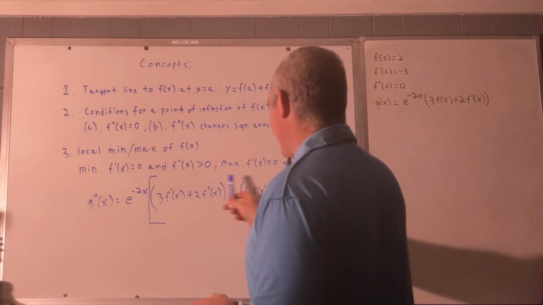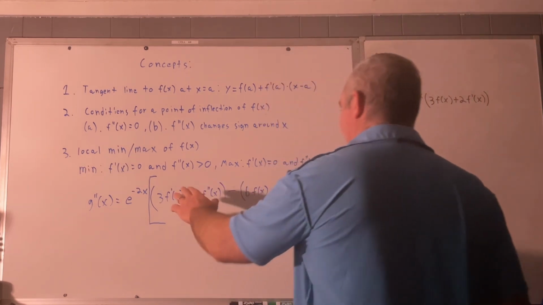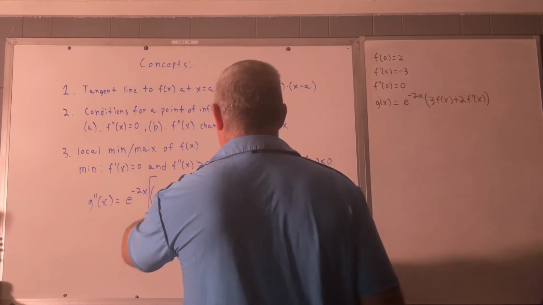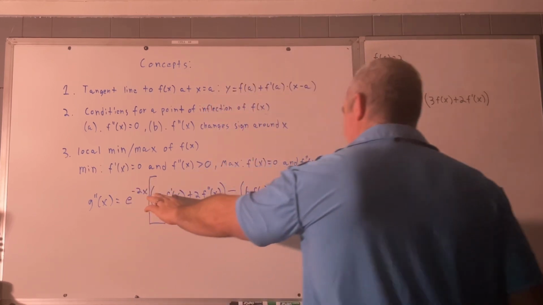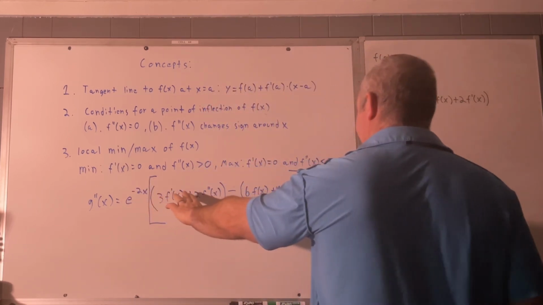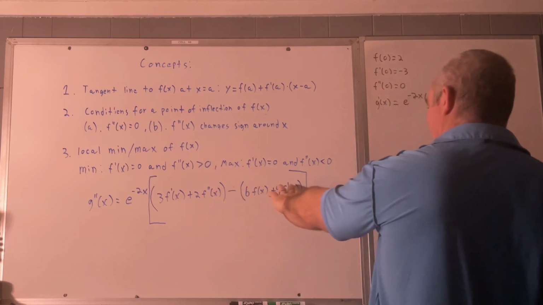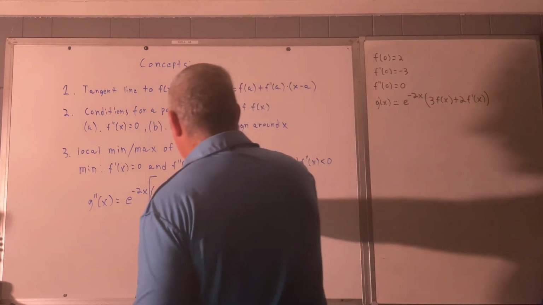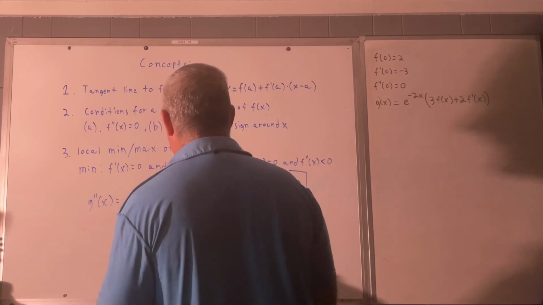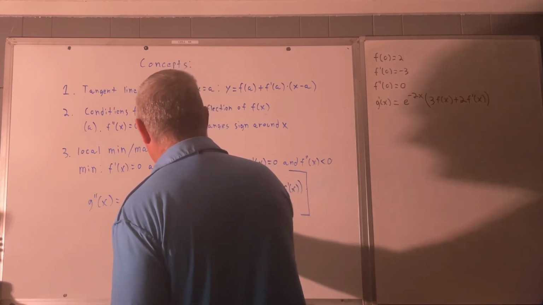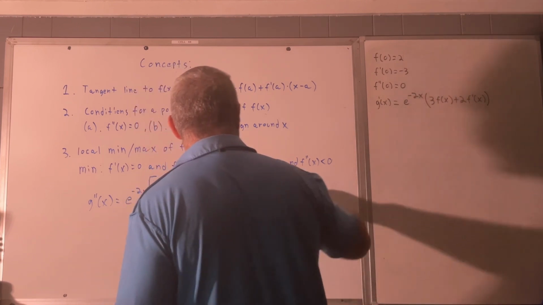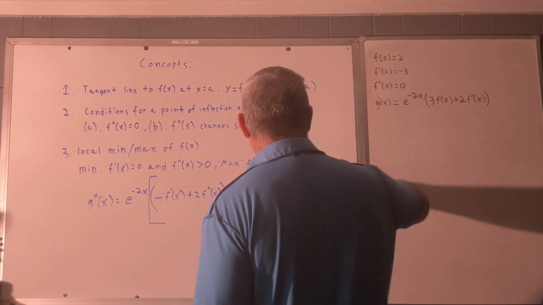Let's combine our like terms. How many f prime of x's do we have? Let's see. We have a 3f prime of x minus 4f prime of x. So we just have a negative f prime of x. We'll get rid of this.